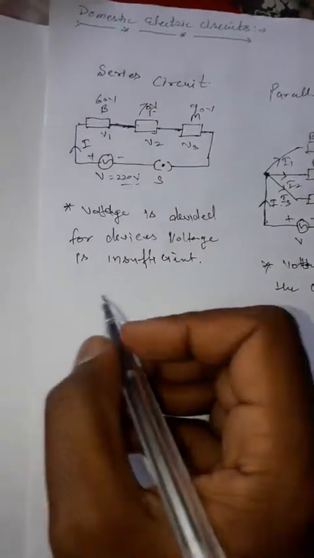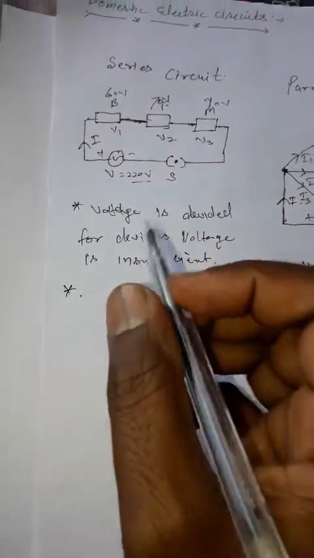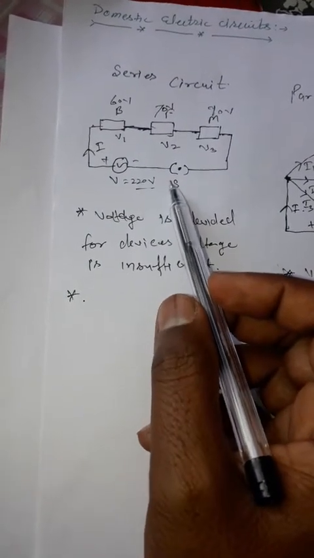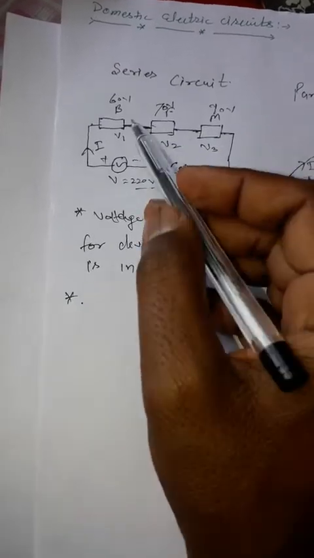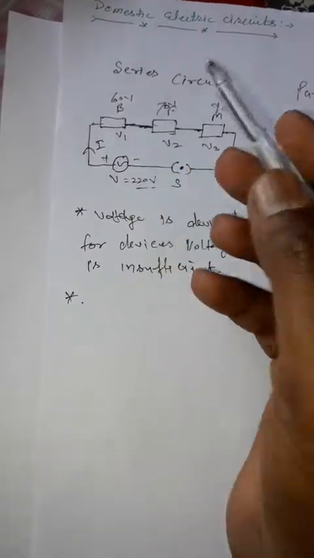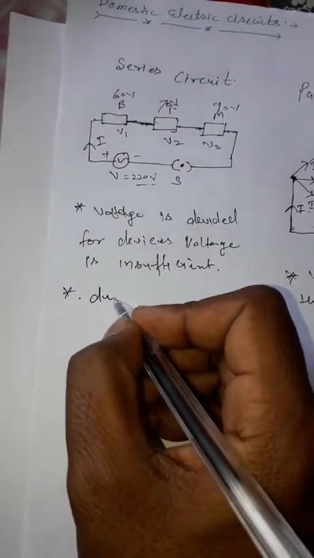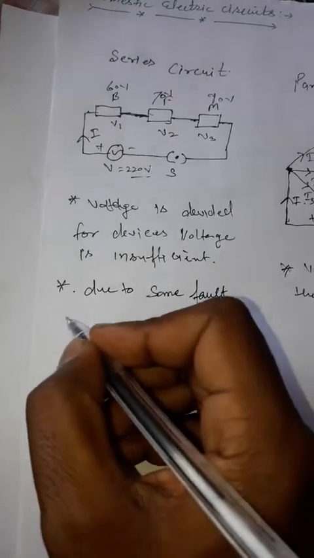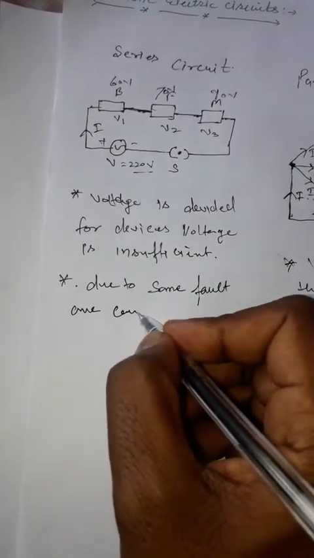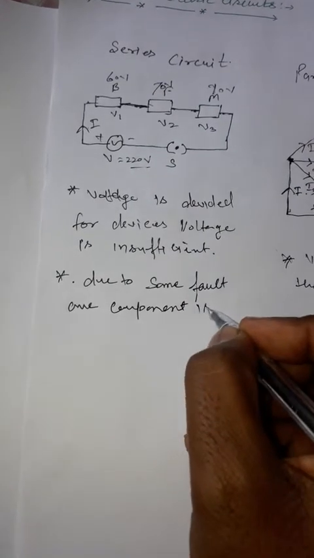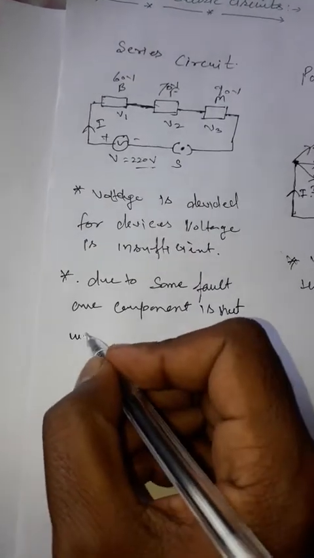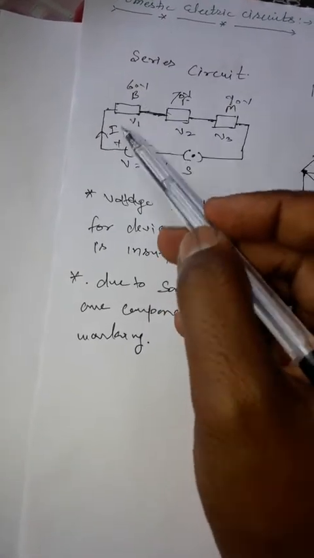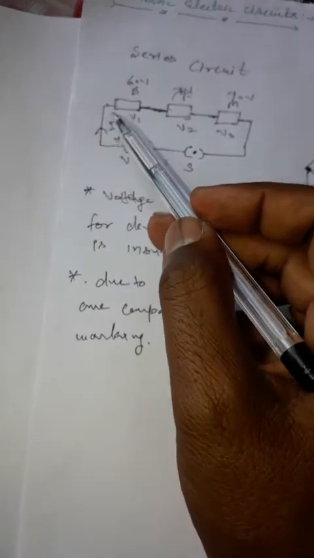The second point is that in case of series circuit, suppose if a bulb is not working by some default, so if due to some fault one component is not working, then at this place the circuit is broken down, or we can say the current does not flow through the circuit.